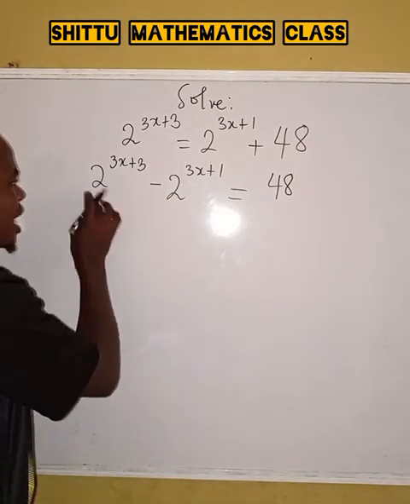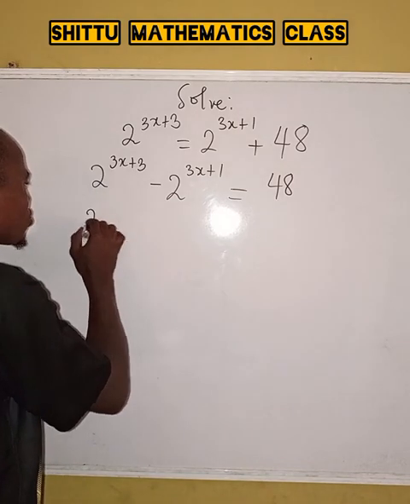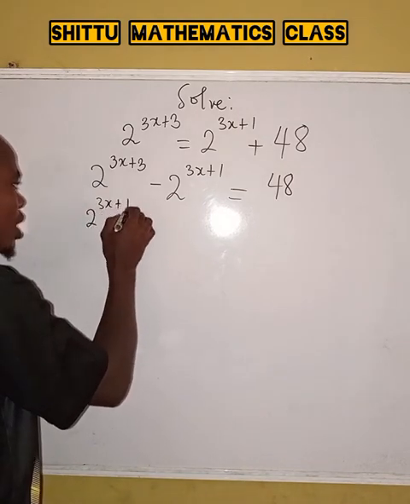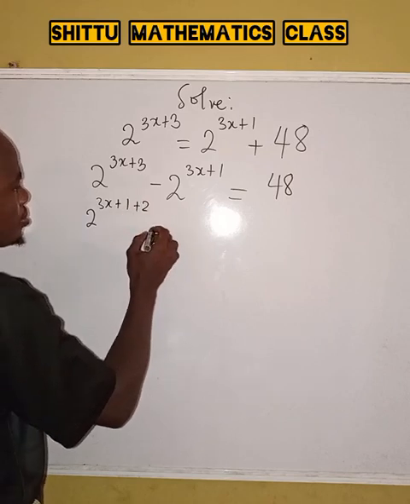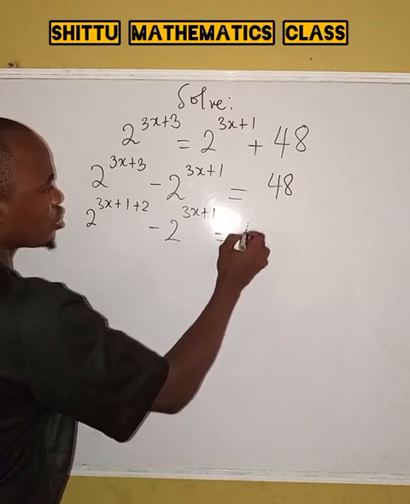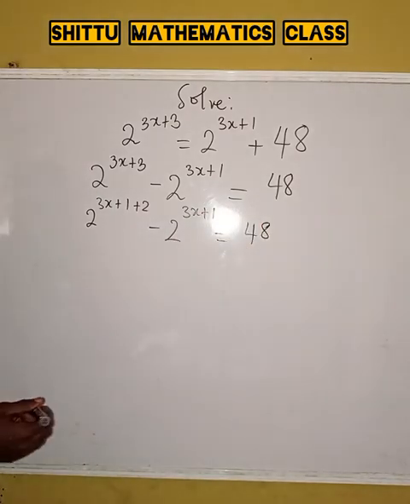Now I can rewrite the first term as 2 to the power of 3x plus 1 plus 2, minus 2 to the power of 3x plus 1, equals 48. What am I doing here?